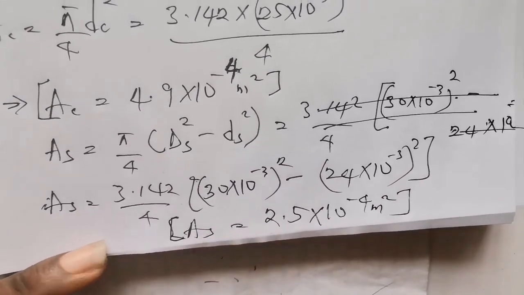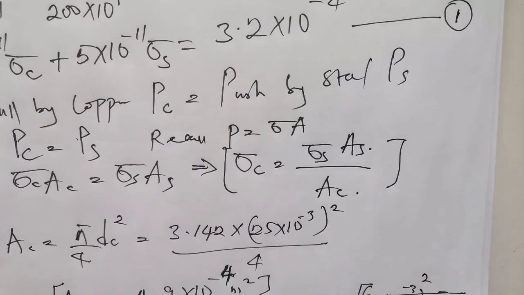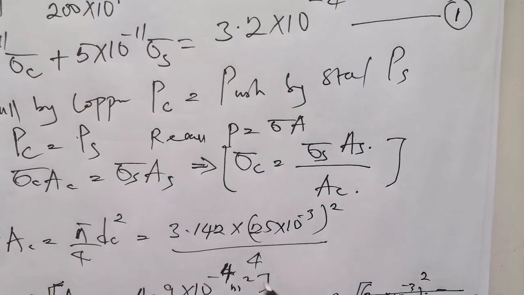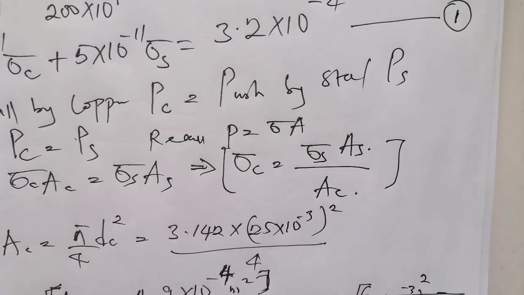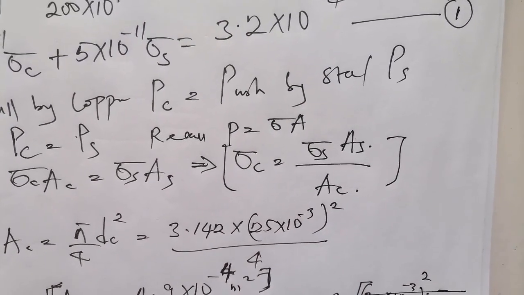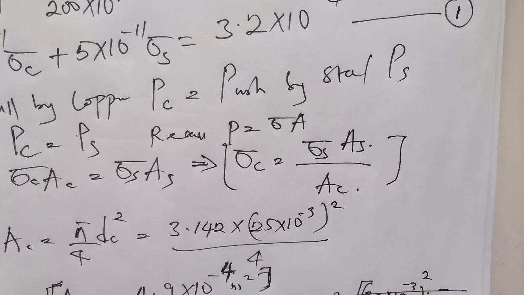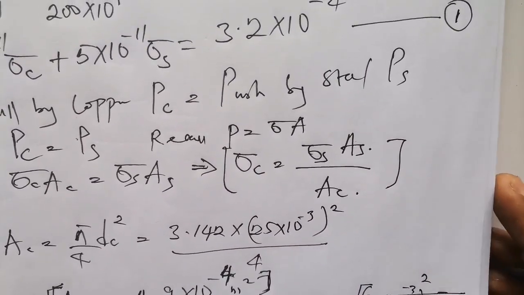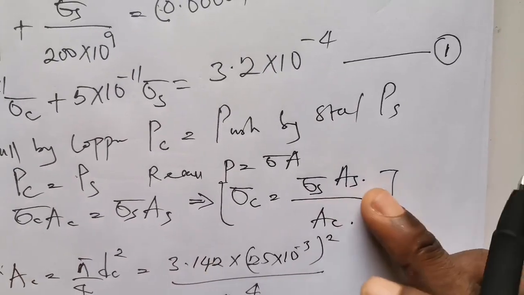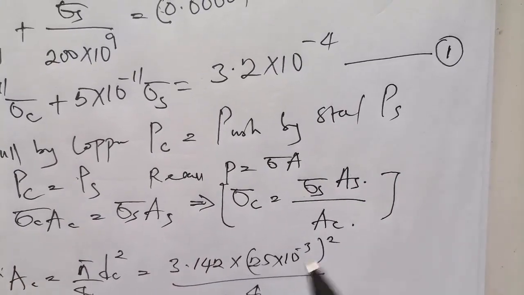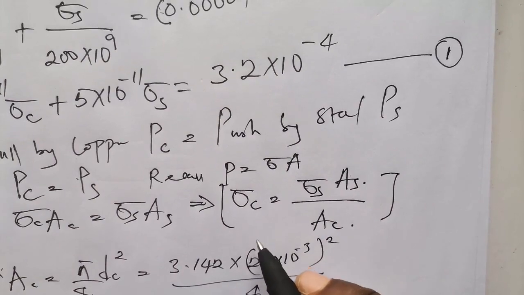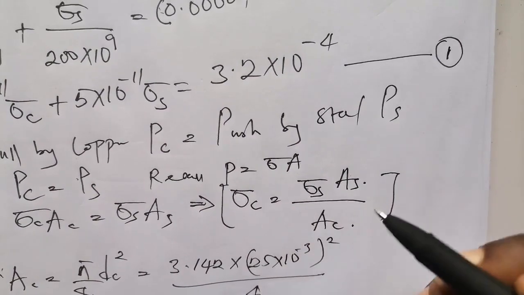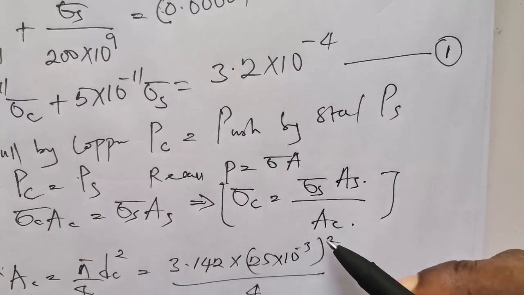So this is area of steel, and the area of copper gave us 4.9 by 10 to the power of minus 4. So we are putting these values into this equation here, where the stress of copper is equal to stress of steel multiplied by area of steel all over area of copper.